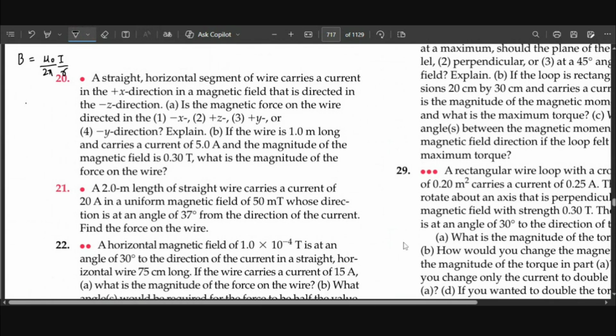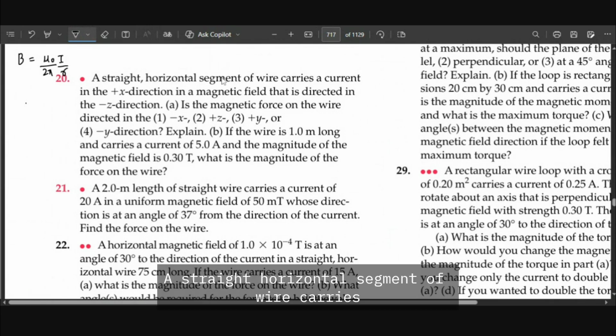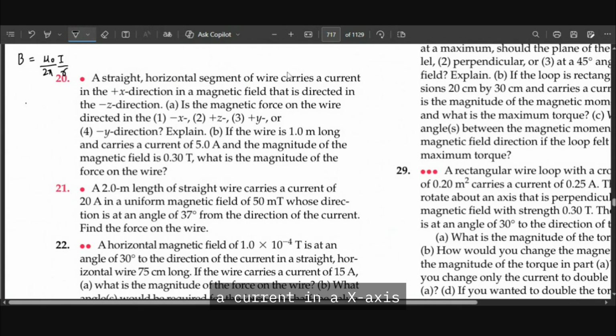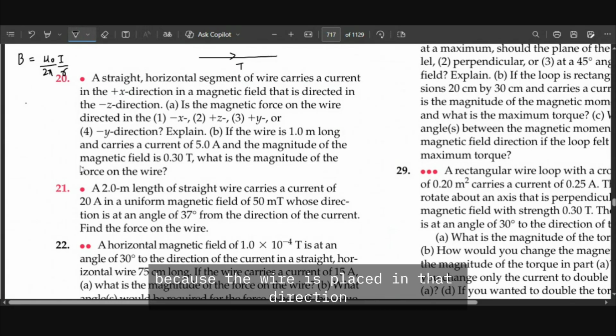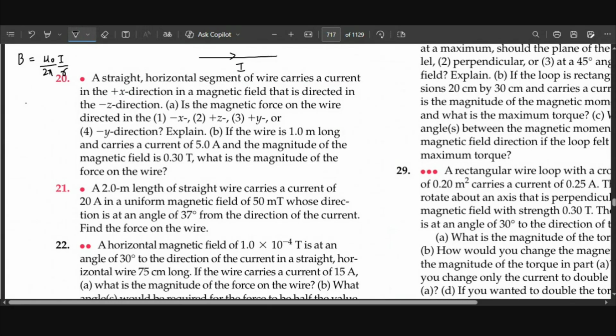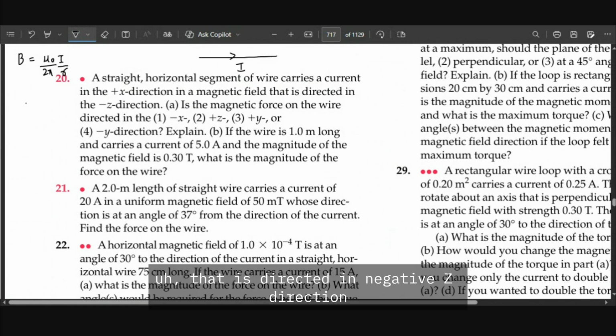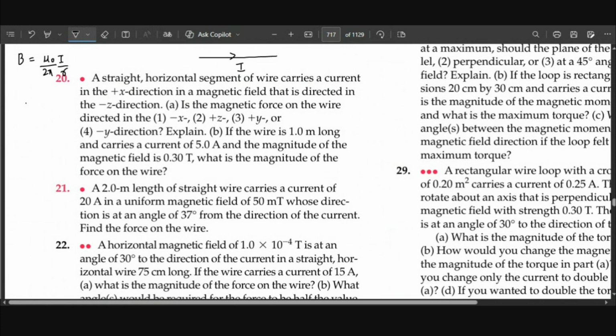The question says a straight horizontal segment of wire carries a current in the x-axis. So there is a current going in the x-axis, because the wire is placed in that direction. The magnetic field is directed in the negative z direction.